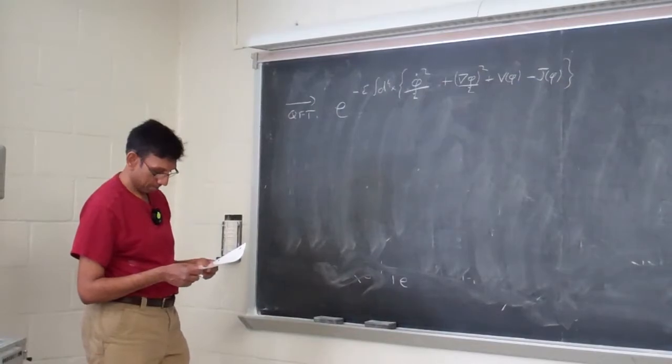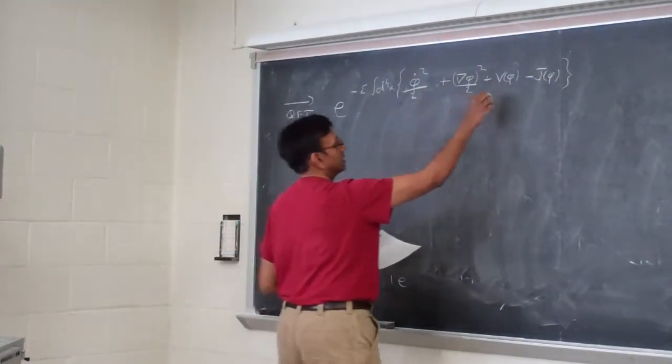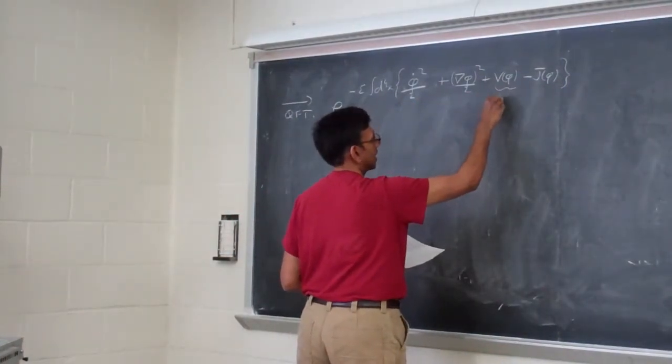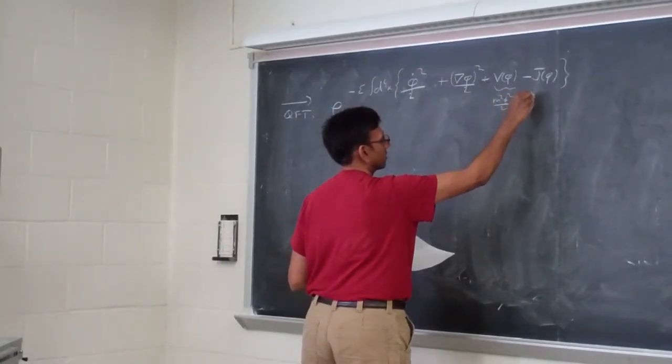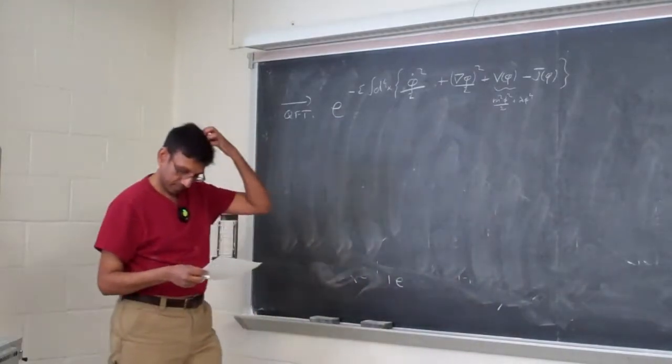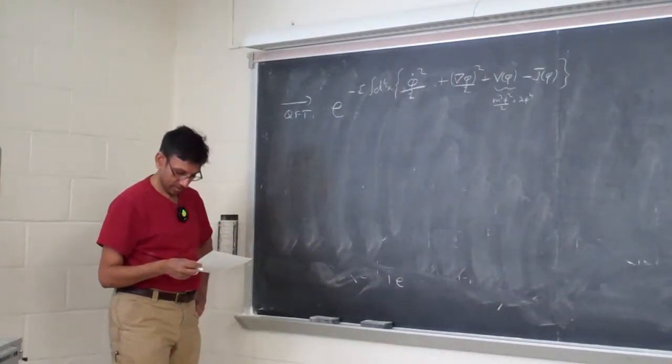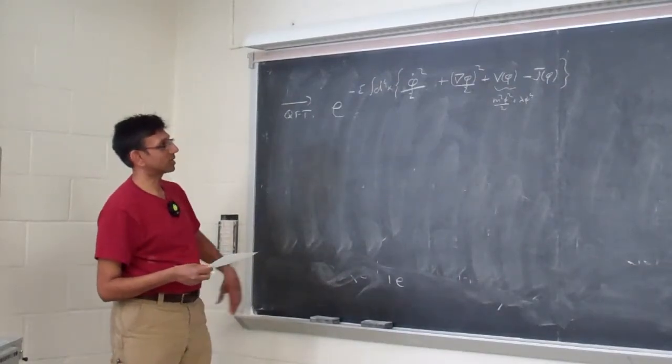And this thing is, say, m squared phi squared plus, whatever I'm multiplied for. So what does this do?